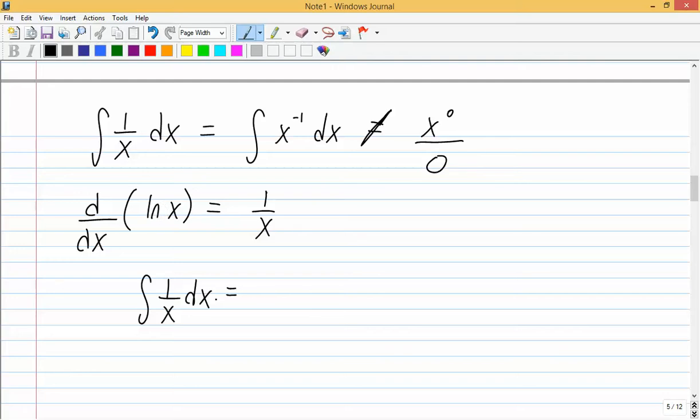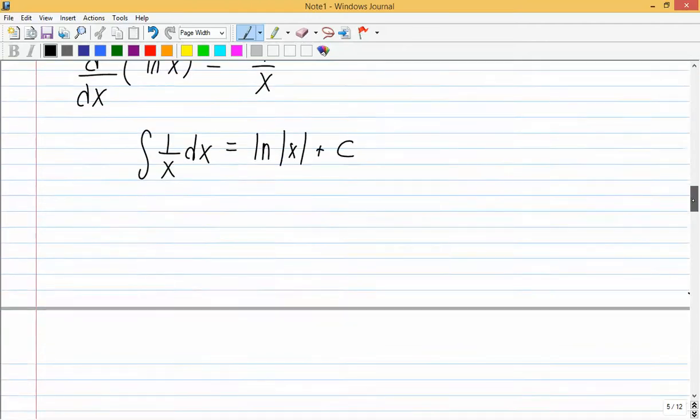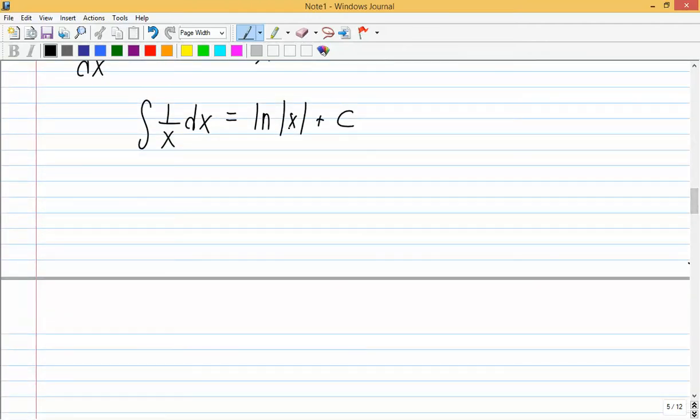So the integral of 1 over x dx is equal to the natural log of the absolute value of x plus c. And the reason why we have the absolute value is because, remember, we can't take the natural log of a negative number or of 0. Okay, it has to be greater than 0 there.